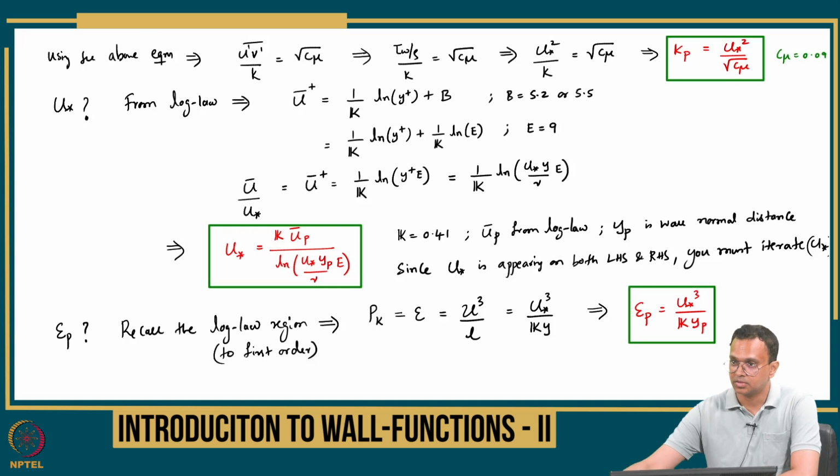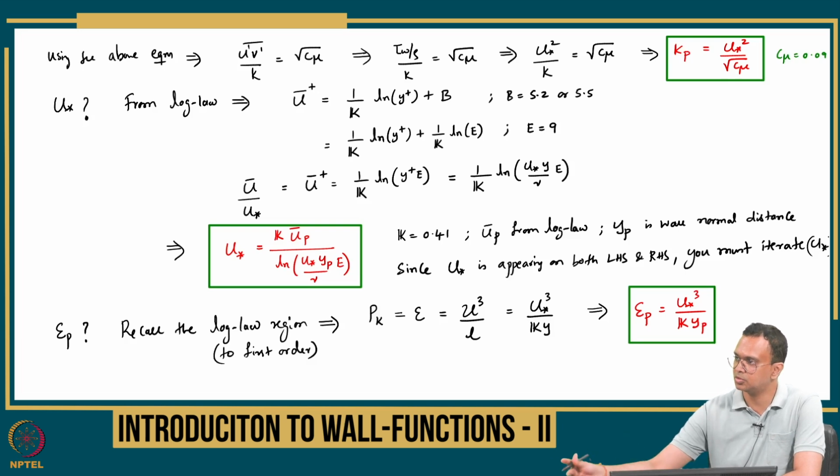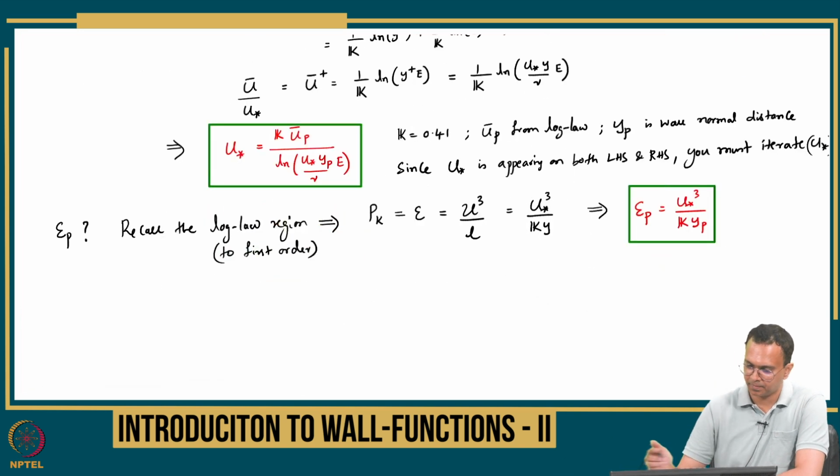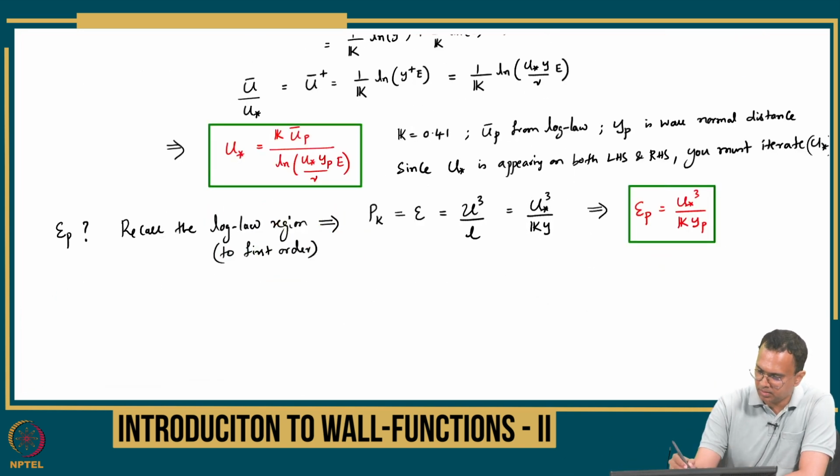For omega also it's straightforward. Since you know the relationship between omega, k and epsilon, you can obtain this. I have Kp and epsilon p. Using these two, I can obtain a relationship for omega p also, if you are using, let's say, a k omega model.